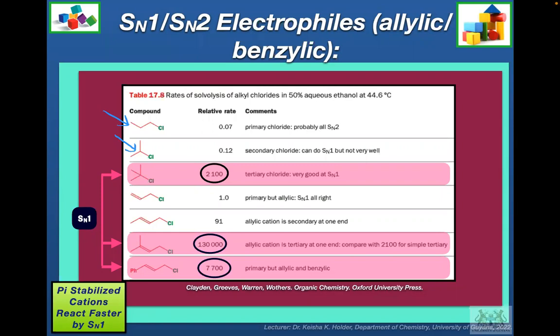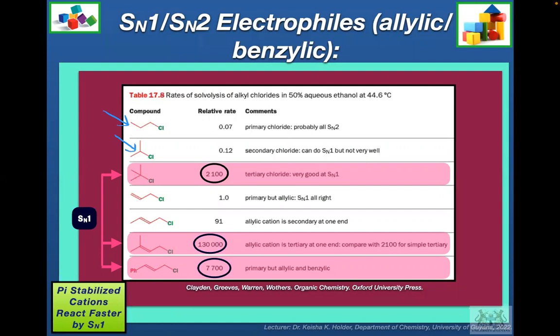So in the case of the last two, where you have 130,000 units in terms of rate, you can see that the allylic cation is tertiary at one end, and it is stabilized because it is tertiary. In the case of the second one, you have an allylic carbocation, but it is not tertiary. It is primary. So that reduces the rate at which it can react.